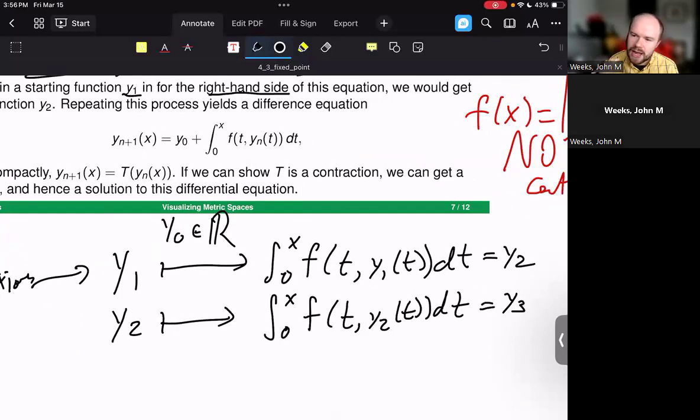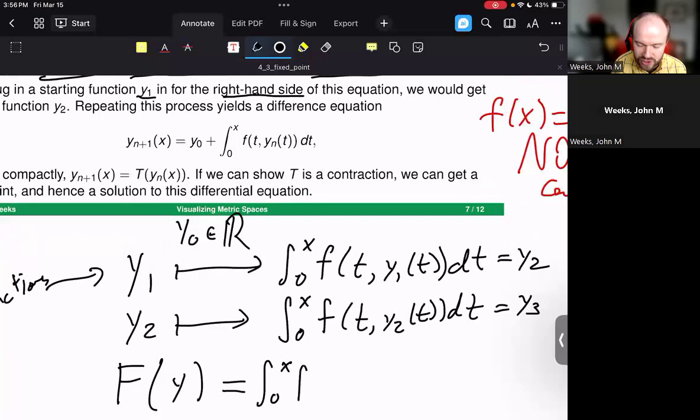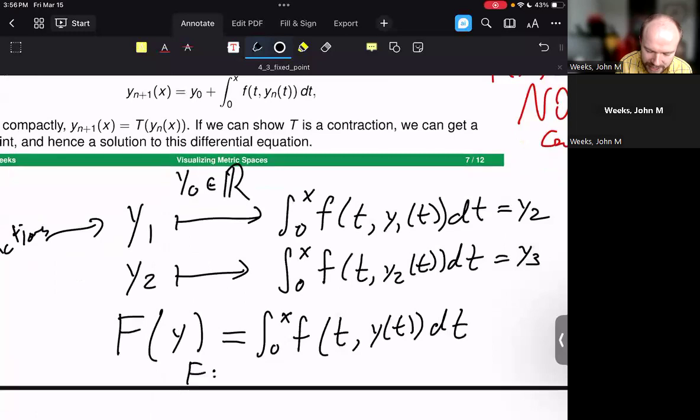All of these functions are not necessarily the answer to this differential equation. But consider the process that we're taking right here, namely this function, big F we could call it, which takes a function y and spits out the function integral from 0 to x of the function little f, our f, this being the derivative function that we got from up above, t comma y of t dt, this being a map from, we'll say, a sufficiently nice space of functions.